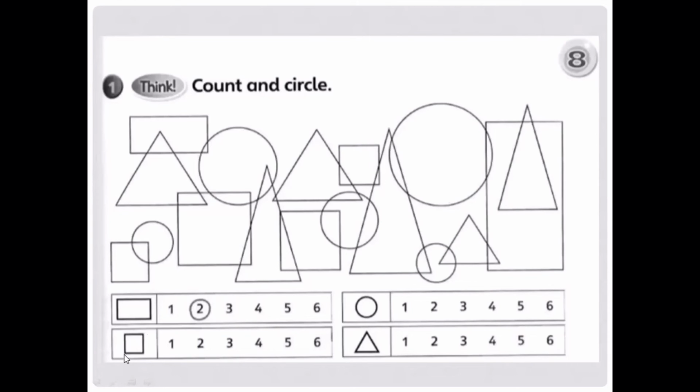How many squares do we have? If you know the answer, circle either 1, 2, 3, 4, 5, or 6. The same thing for circles. How many circles do we have? And how many triangles do we have? Here's the correction.